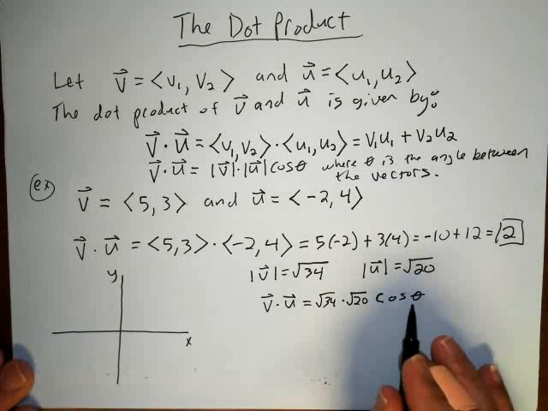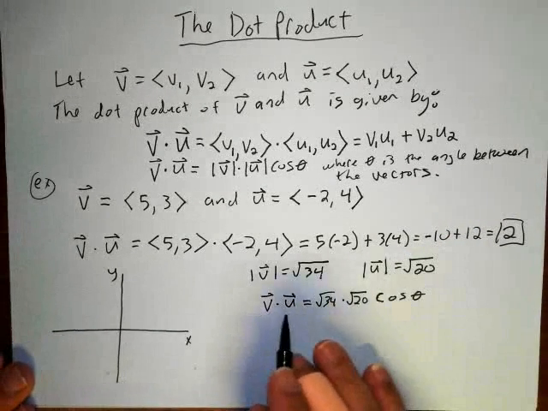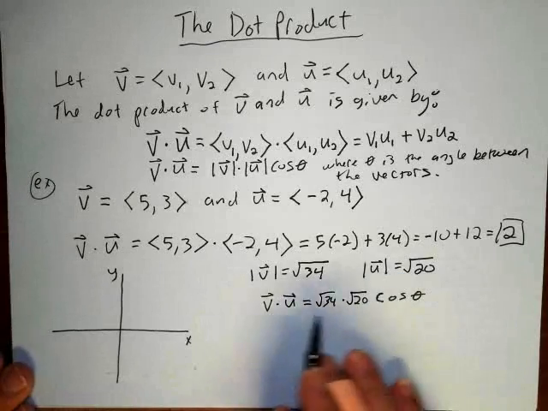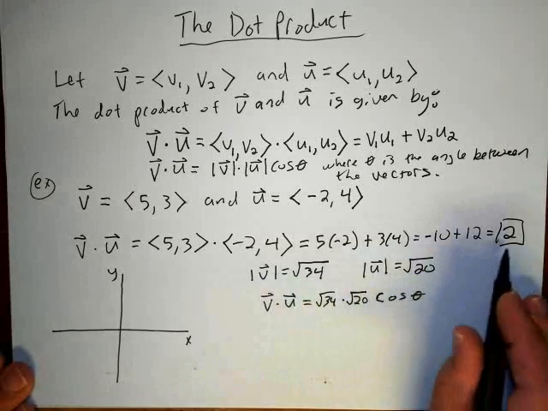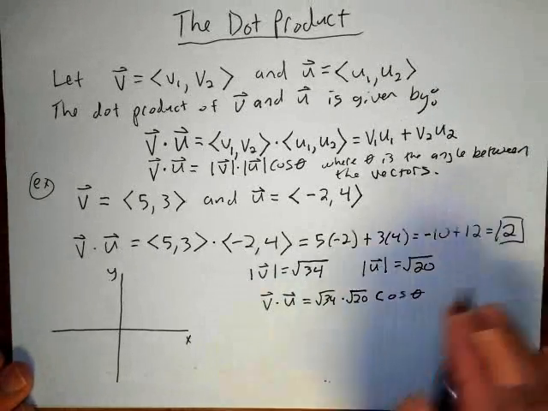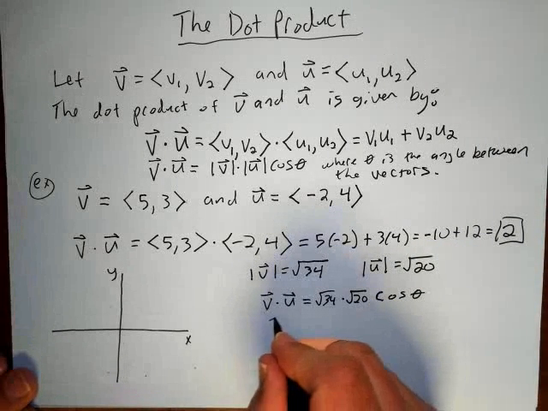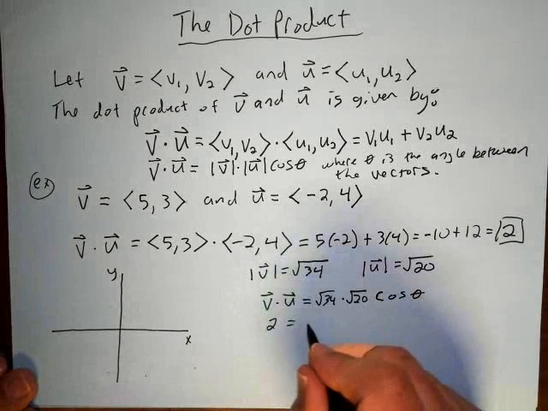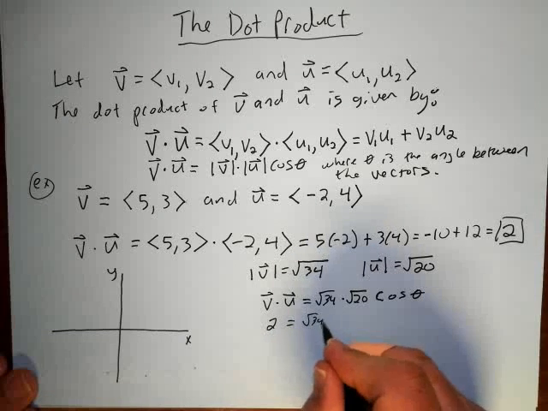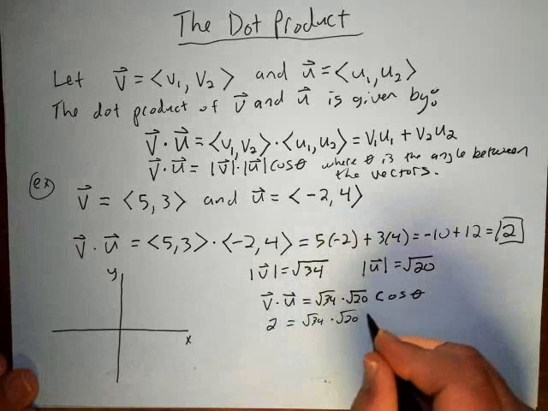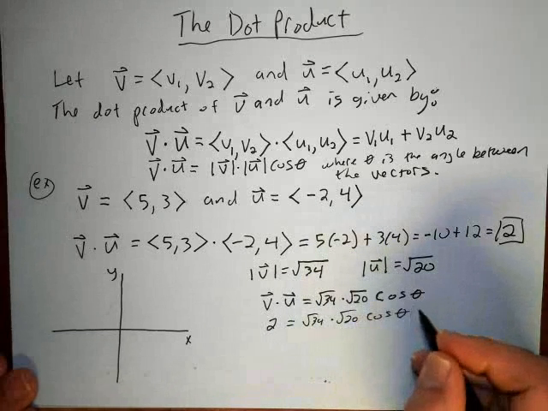And see, what I want is the angle between the two vectors. So what I have to do is solve for this theta. So I know this here is equal to 2 because I can find the dot product of that. So I get that 2 is equal to square root of 34 times square root of 20 times the cosine of theta.